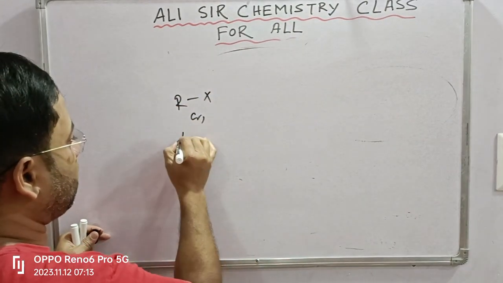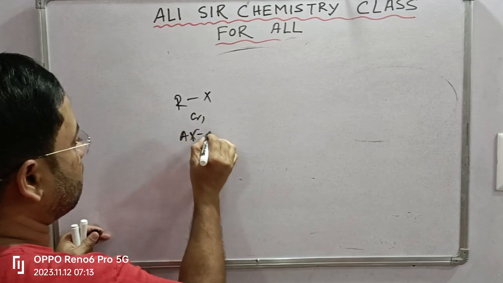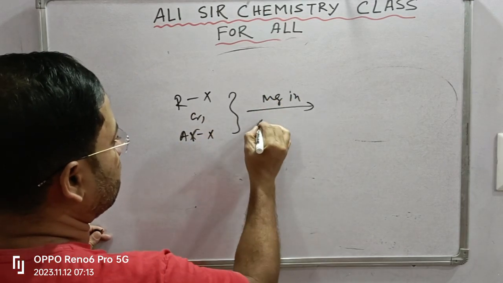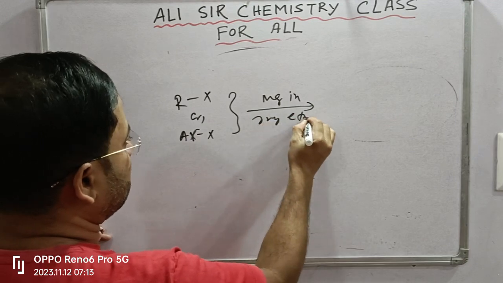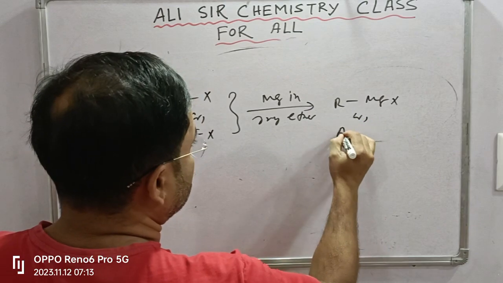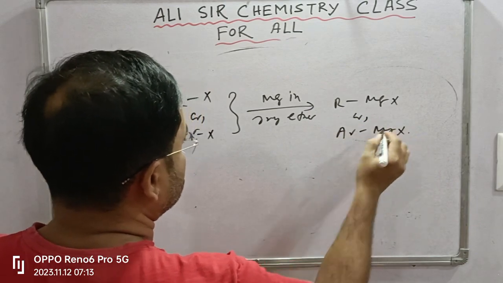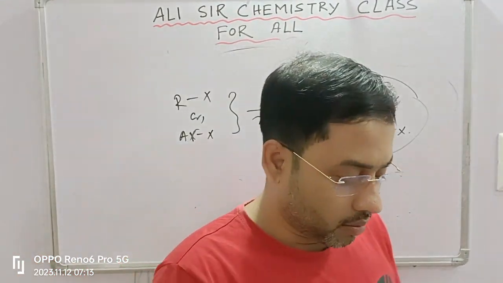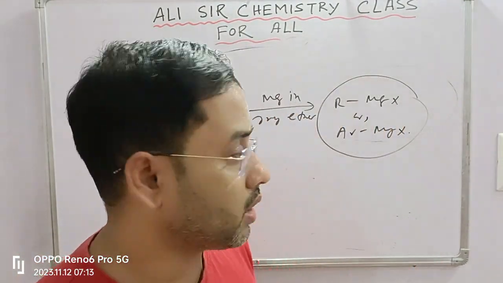RX or ArX, when treated with magnesium in dry ether, will give RMgX or ArMgX. So this is the Grignard reagent, and it is very useful for the synthesis of different types of compounds.